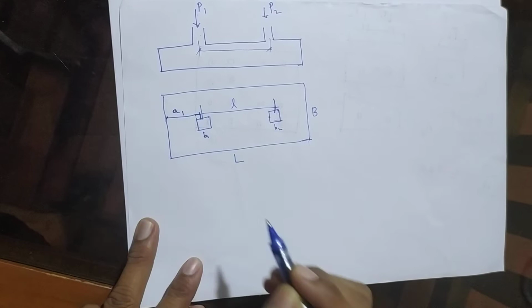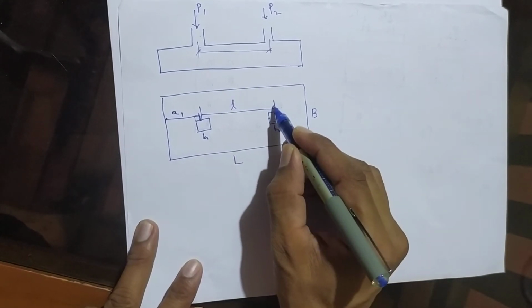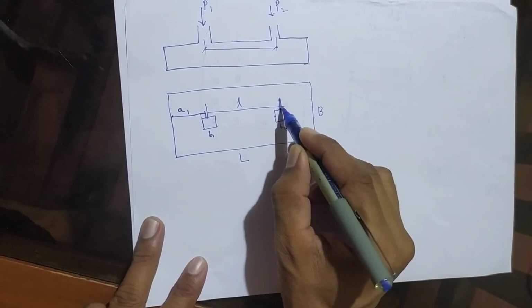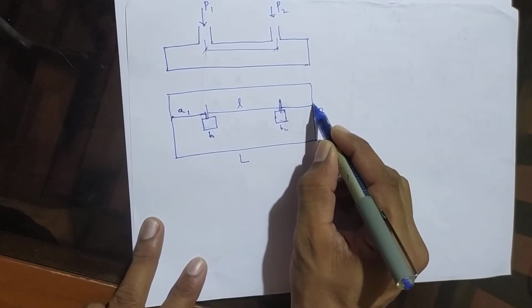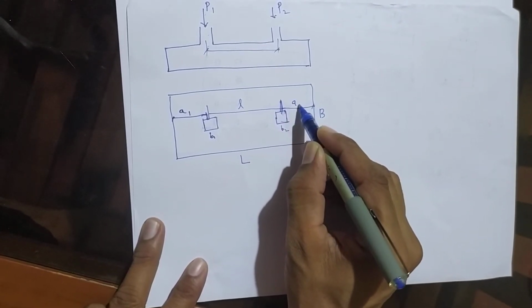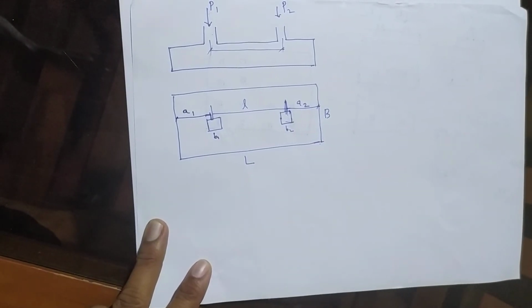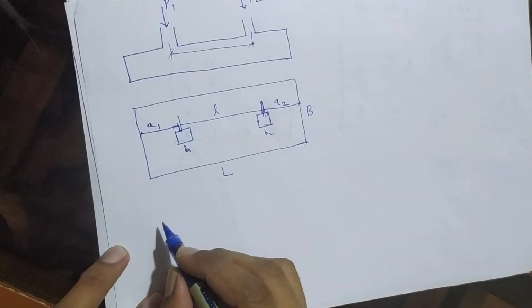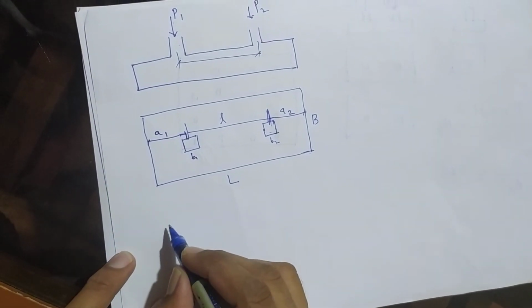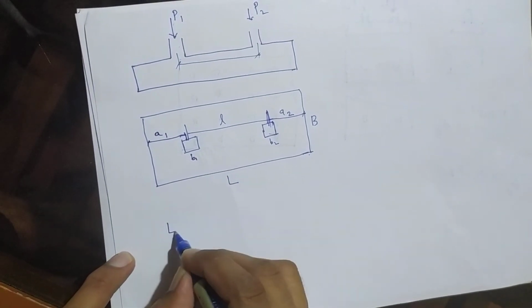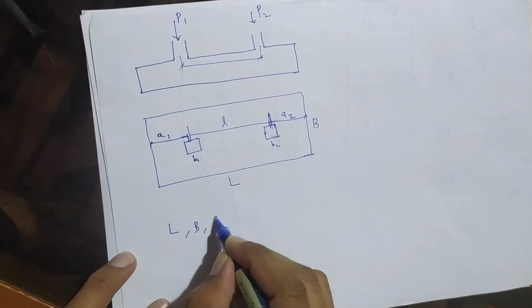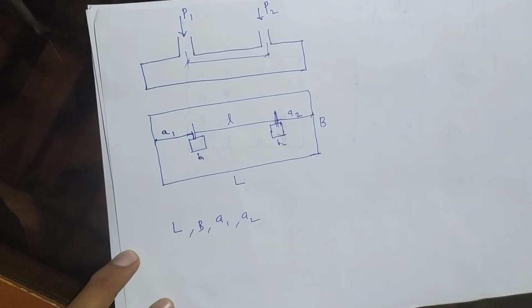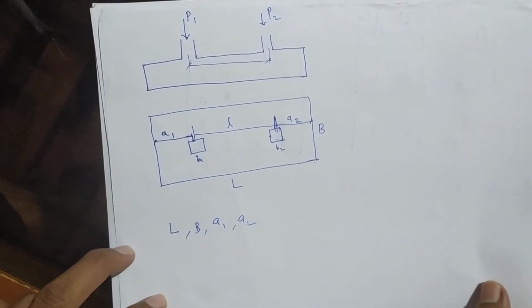Let us call it A1. Similarly, from the center of column 2 to the other edge of the footing, let us call it A2. So which are the parameters that a geotechnical engineer has to estimate? Length, breadth, A1 and A2.